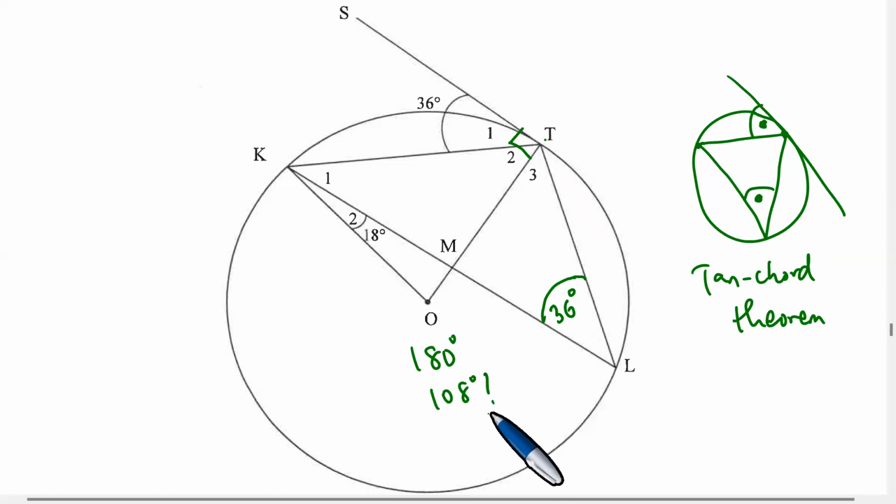You are close, because we're looking for KOT, right? Yes, we're looking for O. So angle at circumference equals 2 times angle at center. Okay, you are on point.